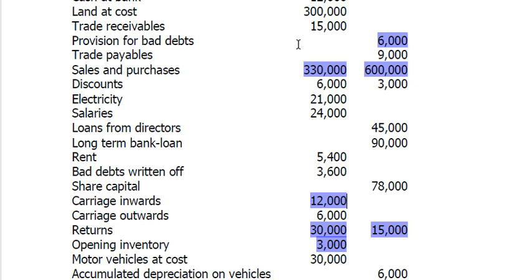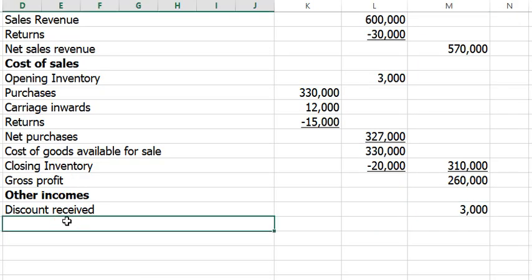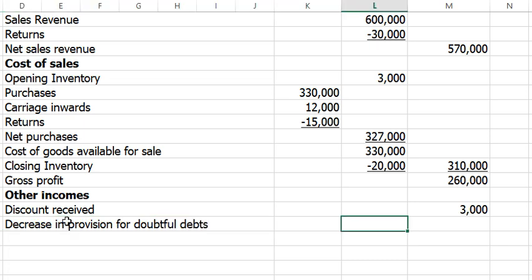20% of 15,000 is 3,000. But the provision in the trial balance is 6,000, meaning that there was a decrease in provision for the doubtful debts, a decrease of 3,000. That should be added. So these are the other incomes.